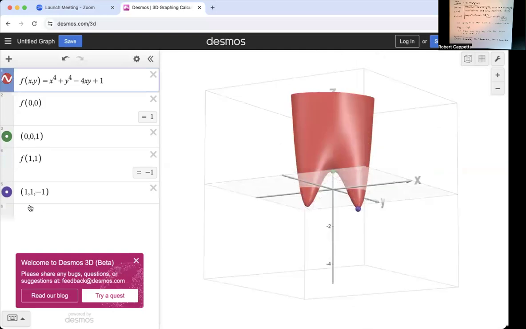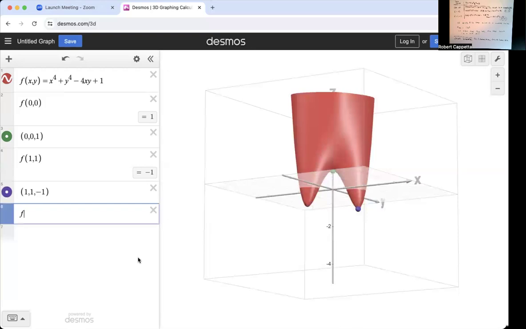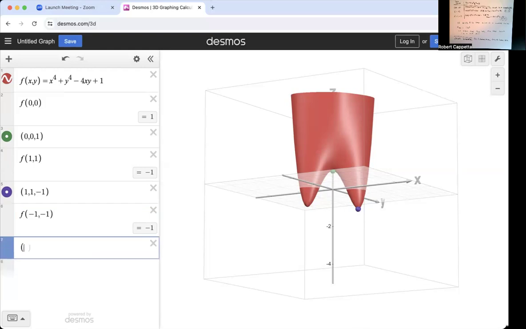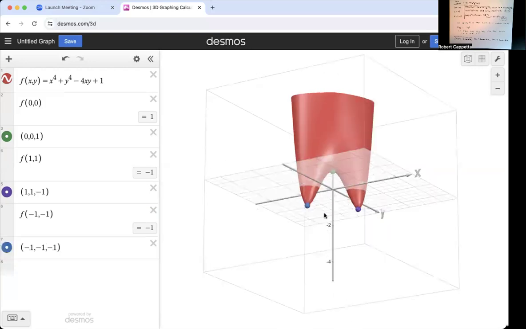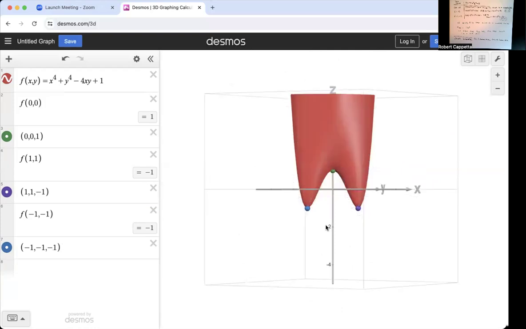Similarly, how about f of -1, -1? That's -1 as well. So the point -1, -1, -1 should also be a local min, and it certainly appears to be the case. And we could even draw in the tangent plane for those local mins.